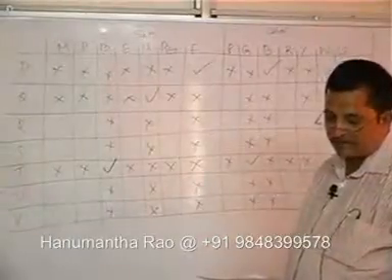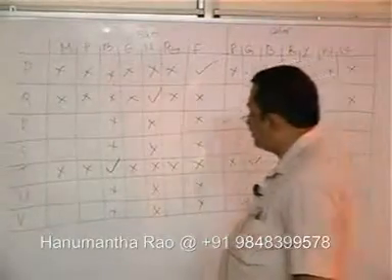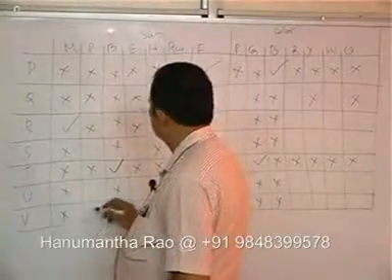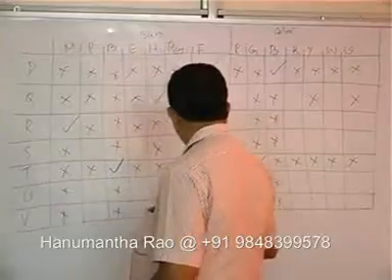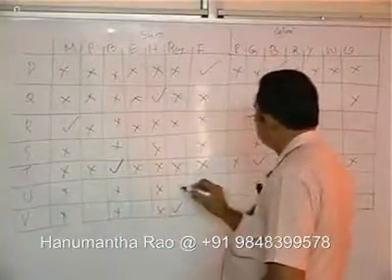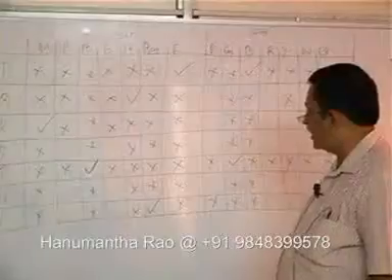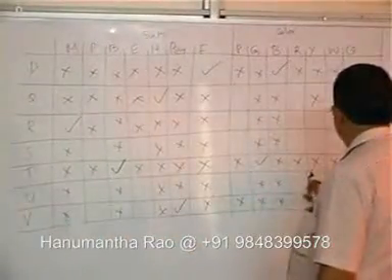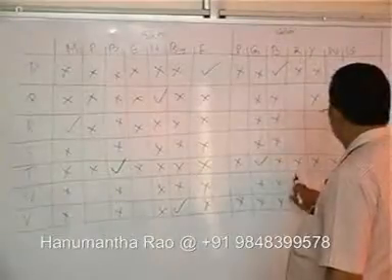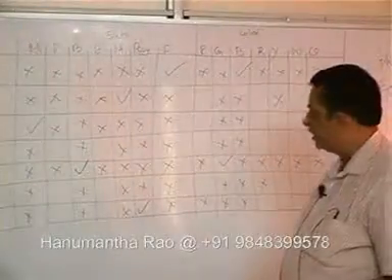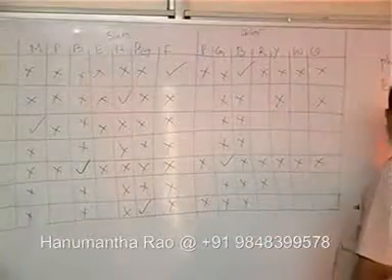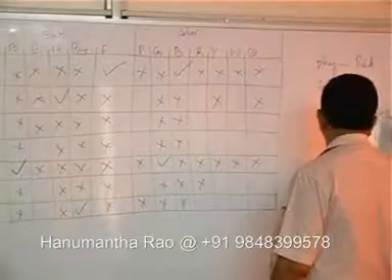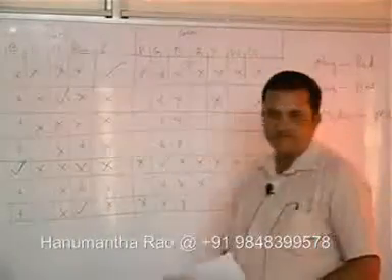R teaches maths. V teaches psychology. And no one else likes red. U does not like red. Maths teacher does not like yellow. This was the total data.